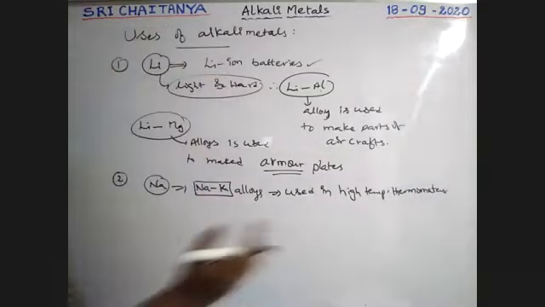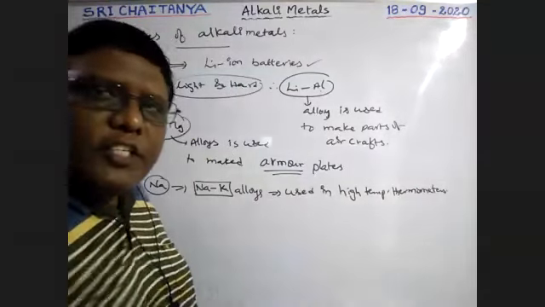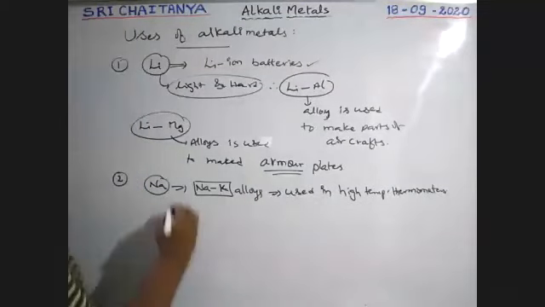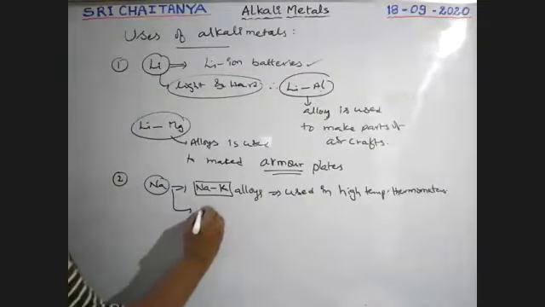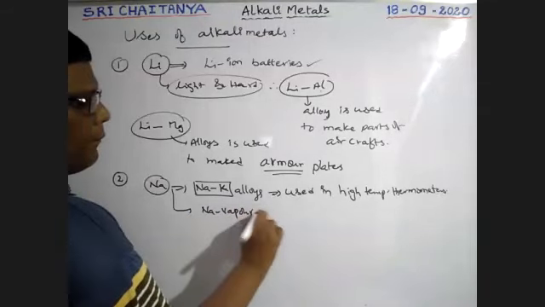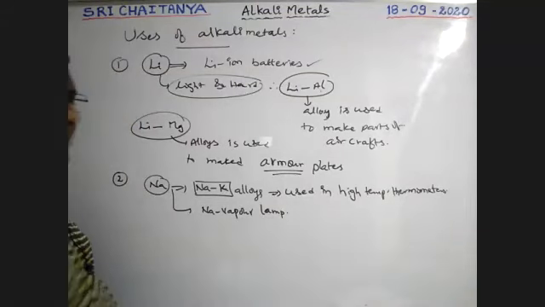Generally thermometers contain mercury, so in place of mercury, this combination is used to measure high temperatures. Next, sodium vapor lamps are generally used as street lights and something else.